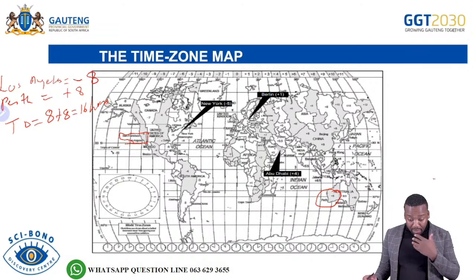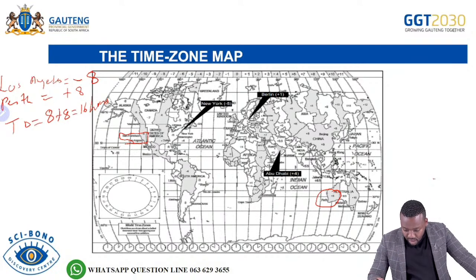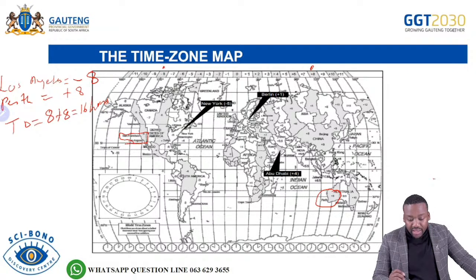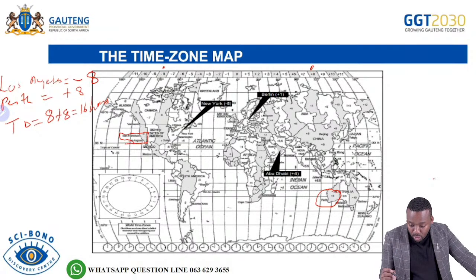Let's go to our map and confirm if this is true. Time difference, we are here, right? On +8, then we are going to -8. So sometimes if you're not sure, you can calculate directly on the map. Let's move. +8, right?